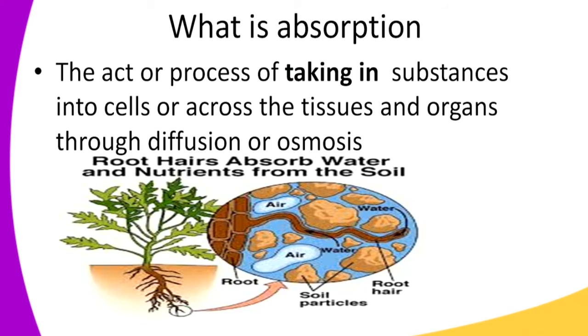Some of these soil particles have minerals which have already been dissolved in water. The function of the root is to absorb that water and the mineral salts so that they can be transported to all parts of the plant through the vessels called the xylem vessel, which is responsible for transport of water, and the phloem vessel, which is responsible for the transport of food material, that is, the mineral salts.